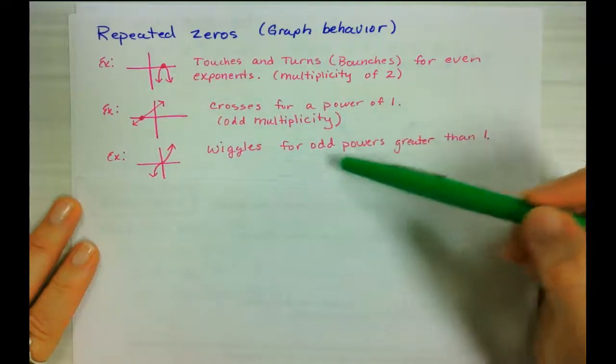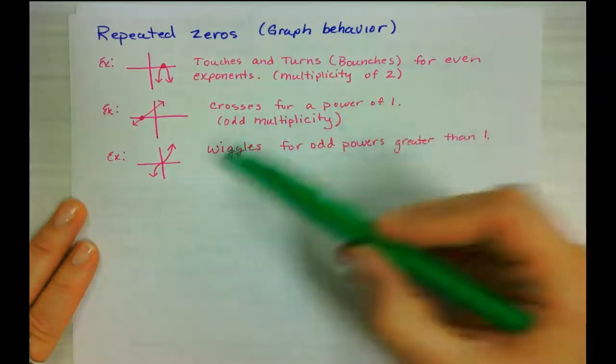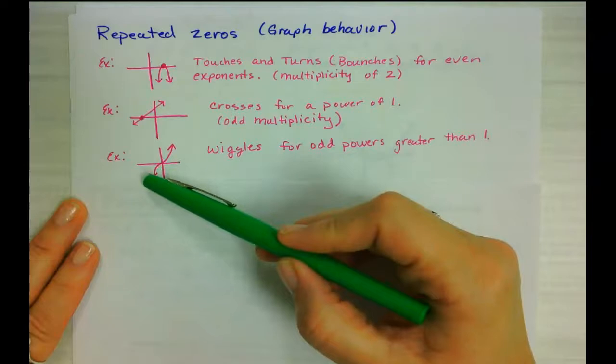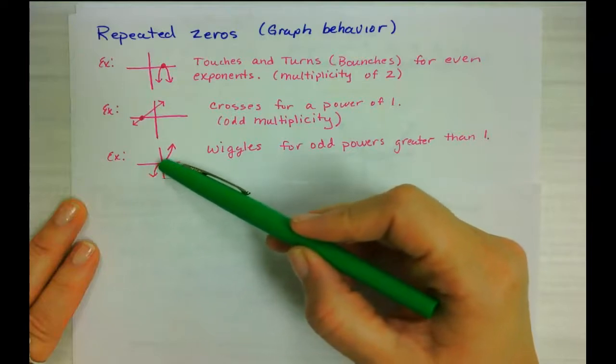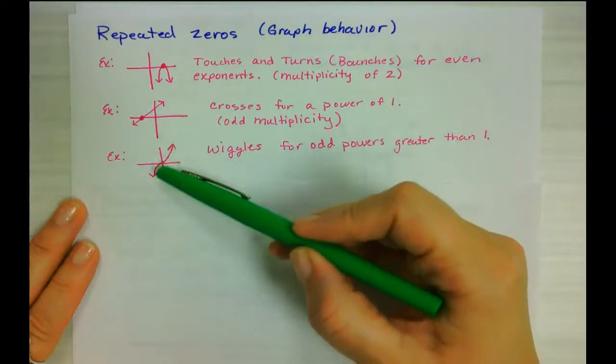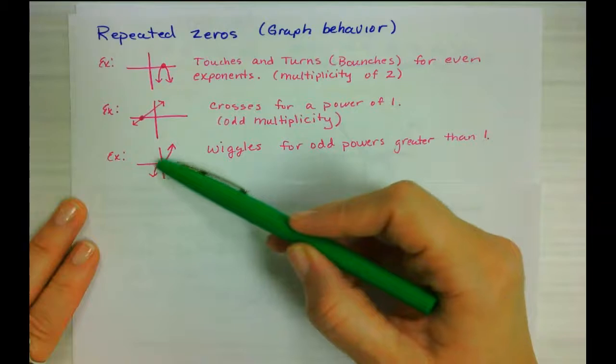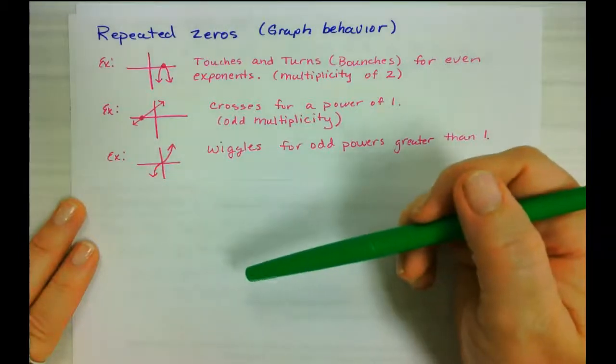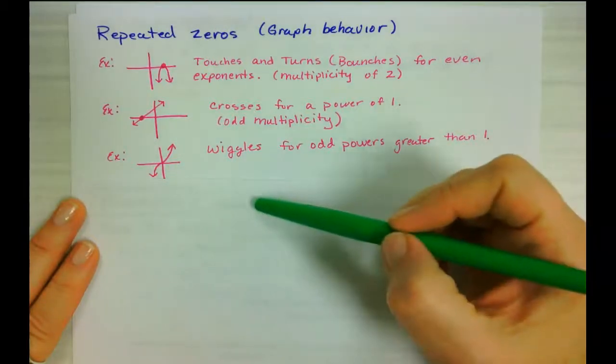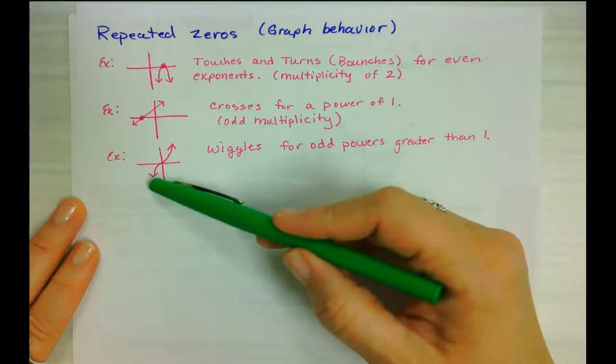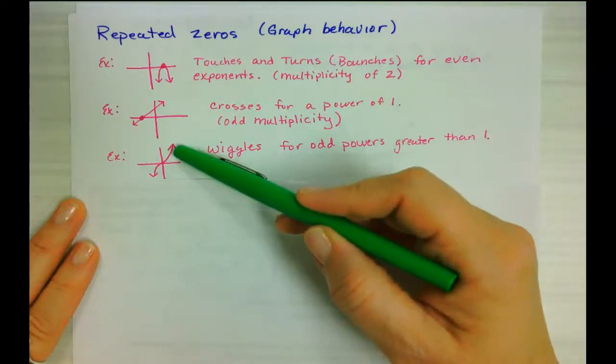Here we have an odd power, but it's greater than 1. So when that happens, 3, 5, 7, 9, we get this little wiggle action going on right there. The bigger the power, the flatter it appears in there, because that means through that part of the graph, it's changing in really, really small increments. So we say it wiggles if it's 3 or more odd.